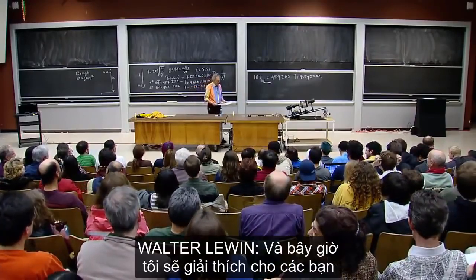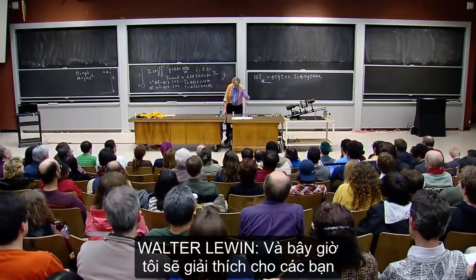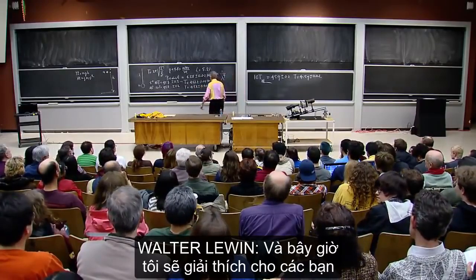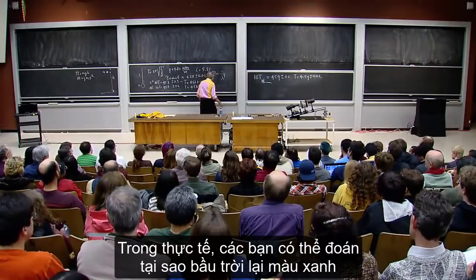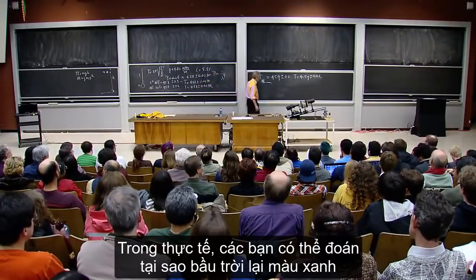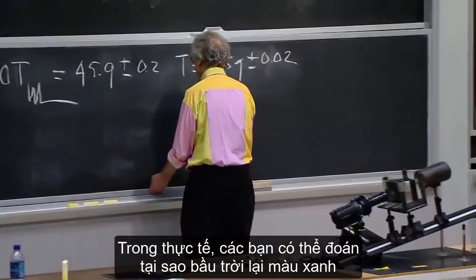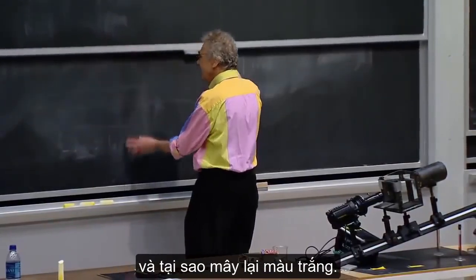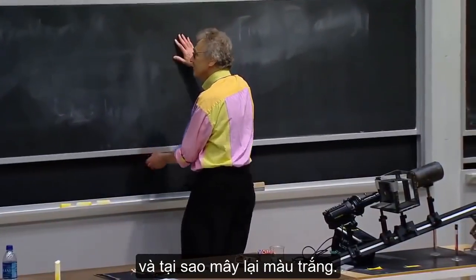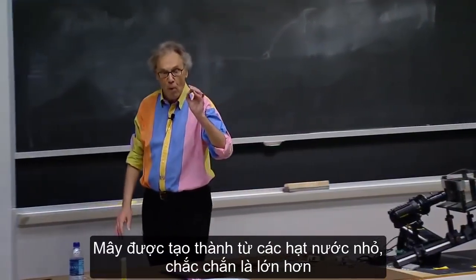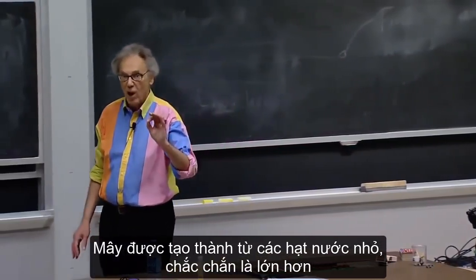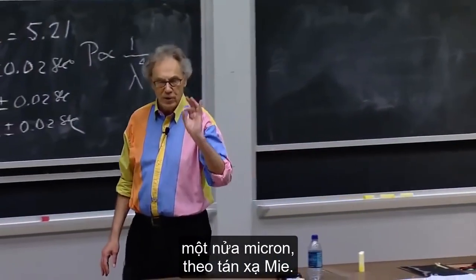I'm now going to explain to you, in fact, you could probably guess that, why the sky is blue and why clouds are white. Clouds consist of very small water drops, surely larger than half a micron, which is Mie-scattering.